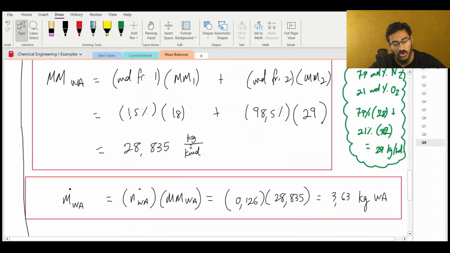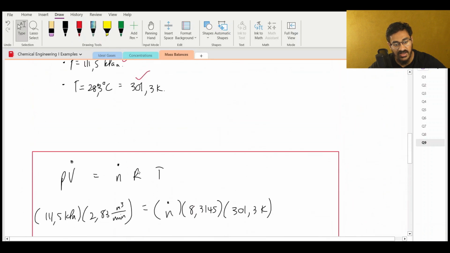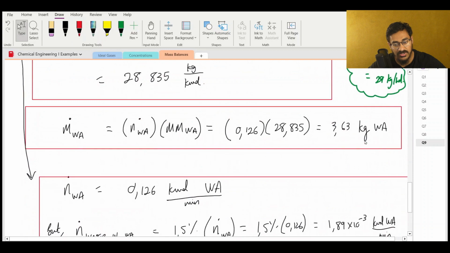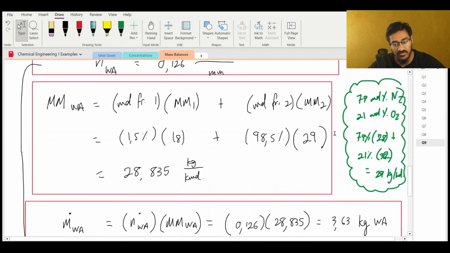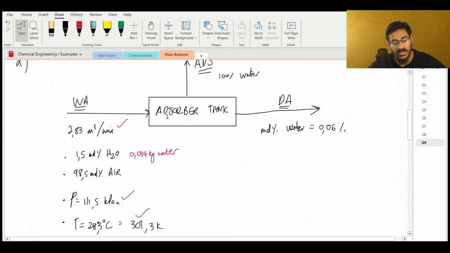And remember the stream's total mass, which I unnecessarily calculated, was 3.63 kilograms of wet air. So remember, 3.63 kilograms is wet air. Only a small amount is water. So if I subtract these two, I will know how much air is in the wet air stream.